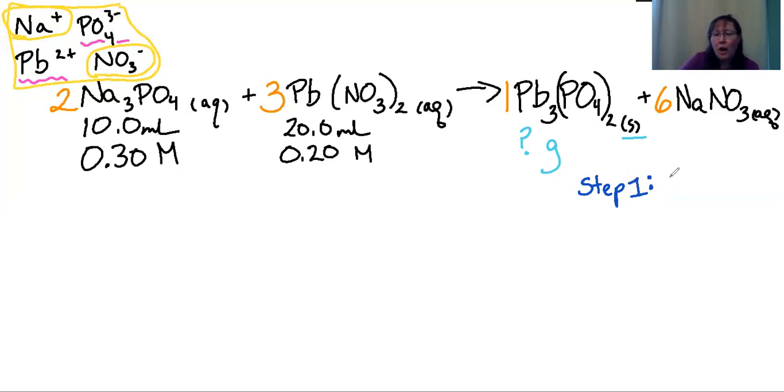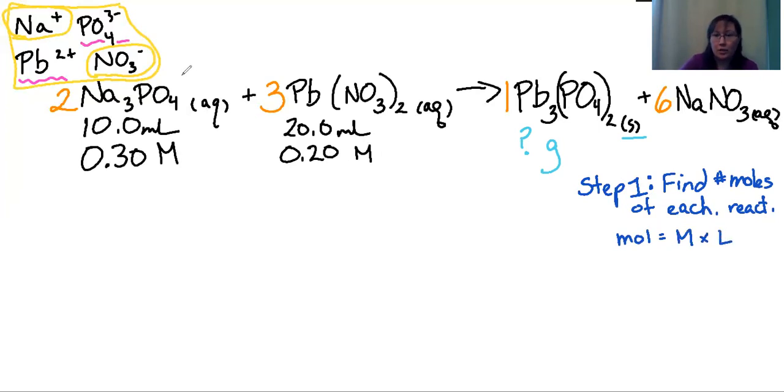So step 1, regardless of what method you use, is going to be to find the number of moles of each reactant. Remember that moles is equal to my molarity times my volume in liters.